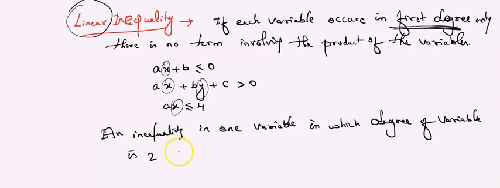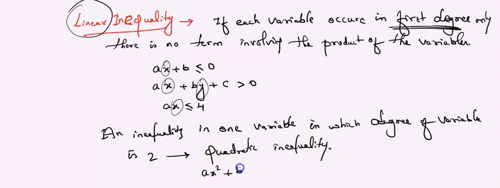If the degree of the variable is 2, instead of 1, then it is not linear. Let me write it here: an inequality in one variable in which the degree of the variable is 2, we call a quadratic inequality. Example: ax square plus bx plus c is less than or equal to 0, or 3x square plus 2x is less than or equal to 0. Are you getting it?